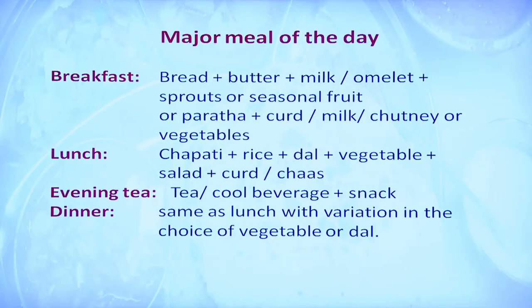Here I would like to add one more point. What is important here? At least 3 or 4 major food groups should be included in major meals. Fats and sugar are generally used in the preparation of the meal. So, when you are having a major meal like breakfast, there should be at least one preparation giving energy from the cereals.